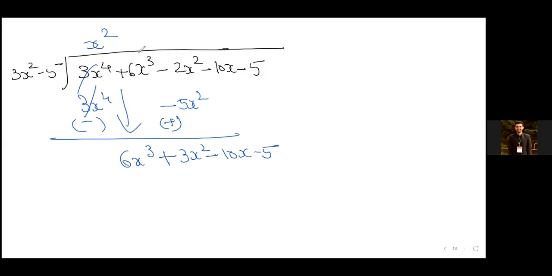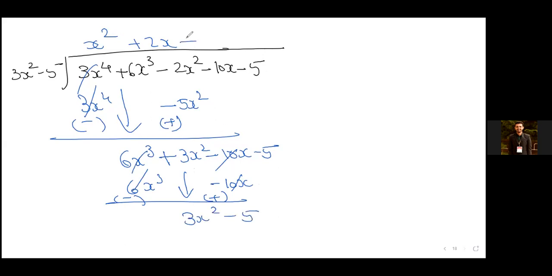Again, multiply with 2x, we'll get 6x cube. This will be 0 and minus 10x. This gets cancelled, and 3x square minus 5. So plus 1, 3x square minus 5. Remainder will be 0.